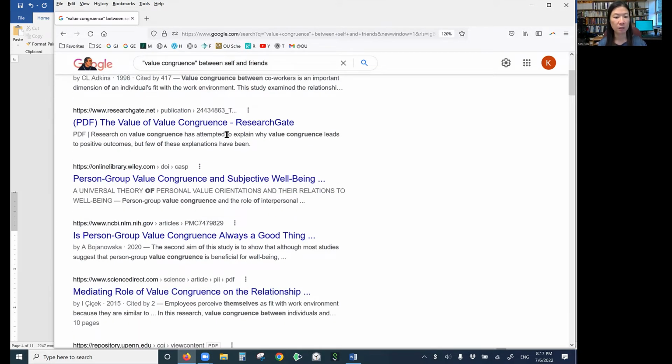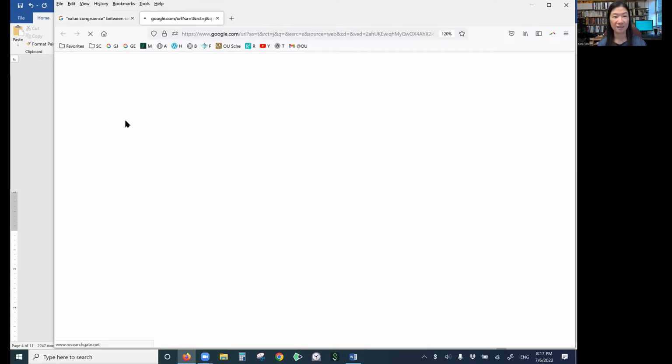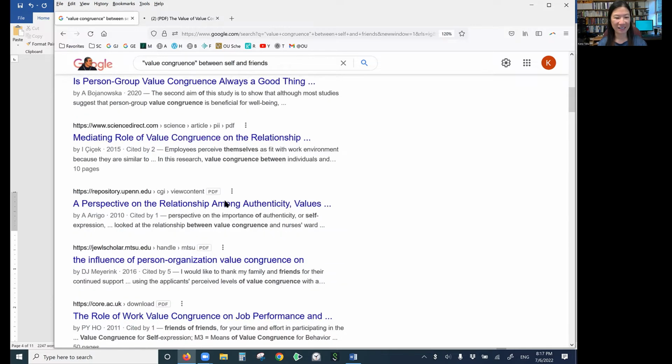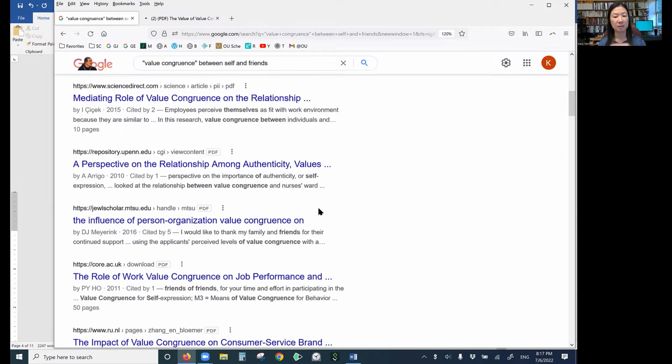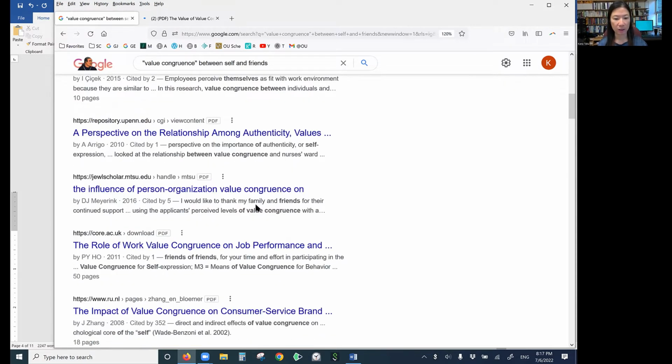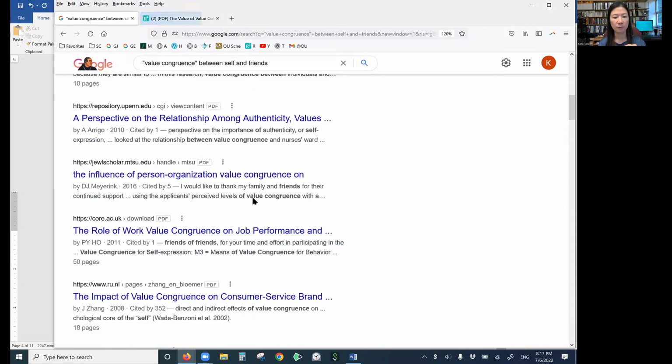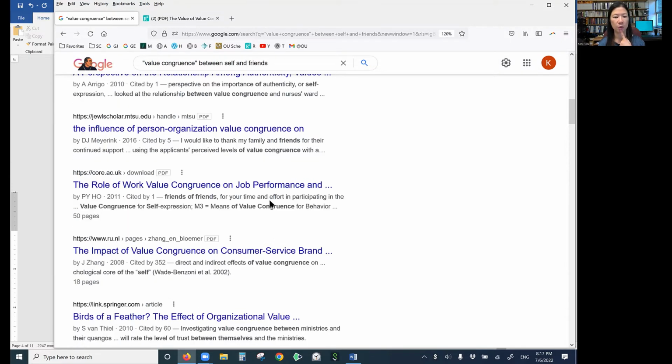Interesting. Value congruence could actually lead to a positive outcome. I like that. I've got to check that later. And then what else? Between value congruence and the nurses. So that's a different idea. Levels of value congruence. Means of value congruence.